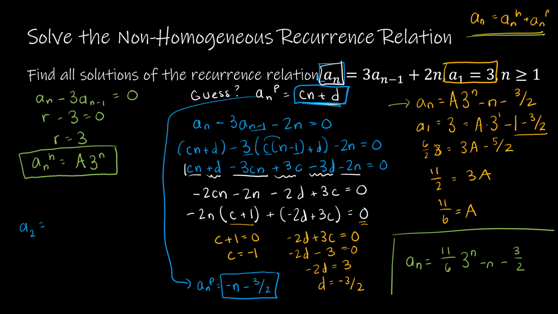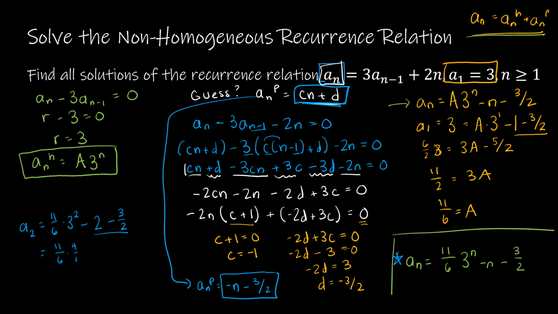A sub 2, according to my explicit function, says take 11/6 times 3 squared minus 2 minus 3/2. So 11/6 times 9 would give me, let's do 11/6 times 9 over 1.